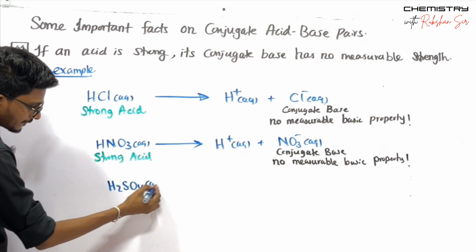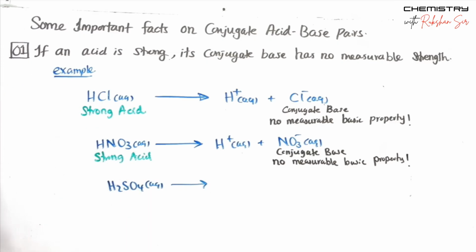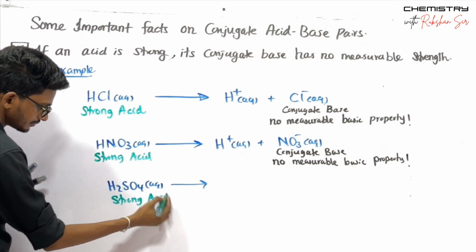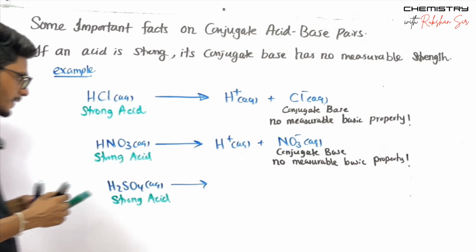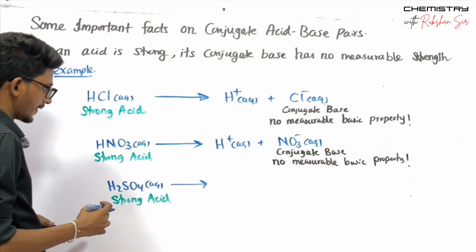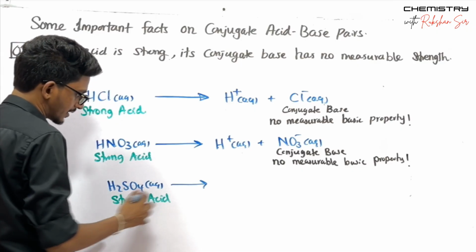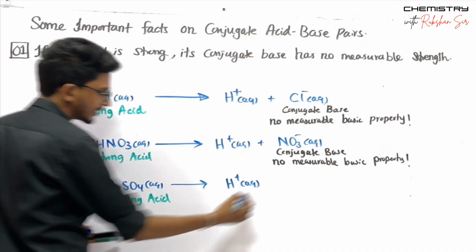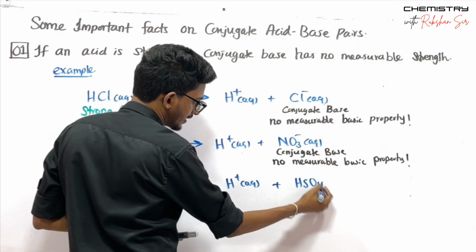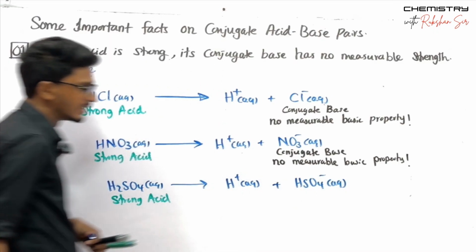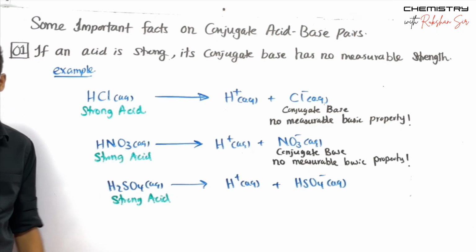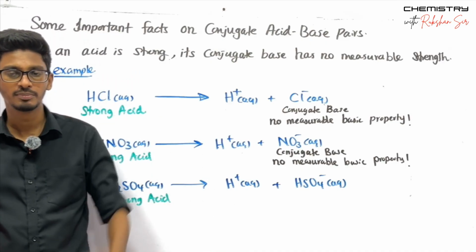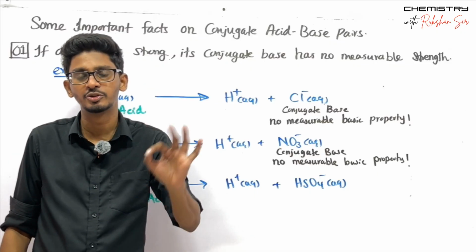H2SO4 is also a strong acid. What is the ionized form there? If it releases H plus, after releasing H plus we get HSO4 minus as its conjugate base. HSO4 minus is the conjugate base of H2SO4, not the SO4 2 minus. SO4 2 minus is not the conjugate base of H2SO4.